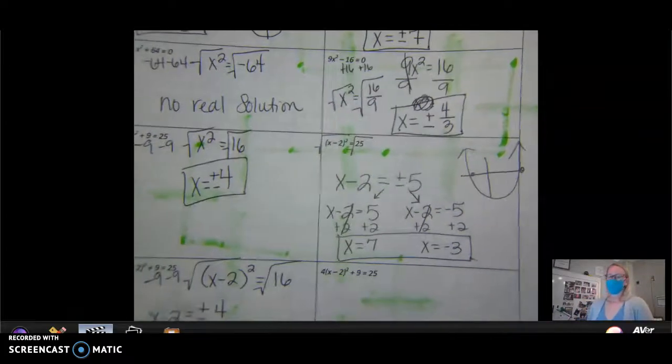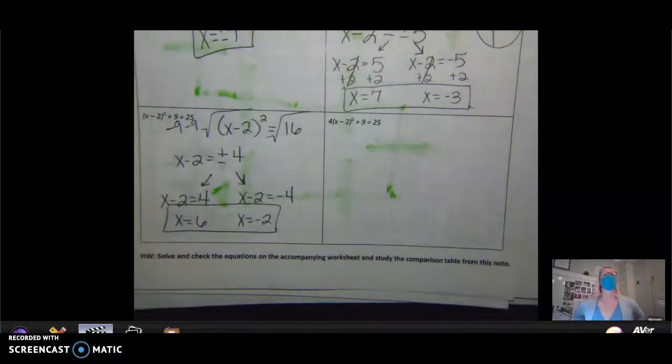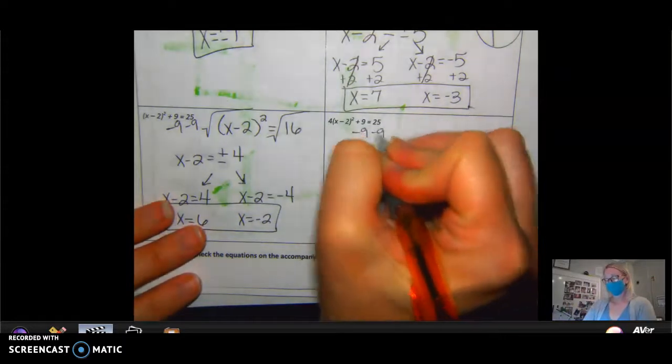All right, next one. This is a more in-depth problem. What would you do first? Okay? So what do I do first? I cannot do that now. I want to start moving stuff away. So I need to move the 9 away. So minus 9.